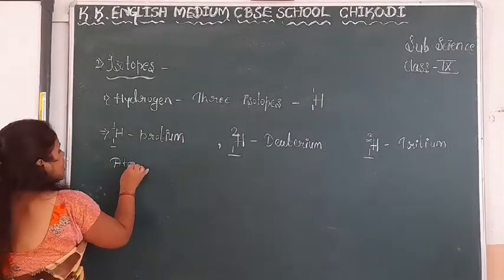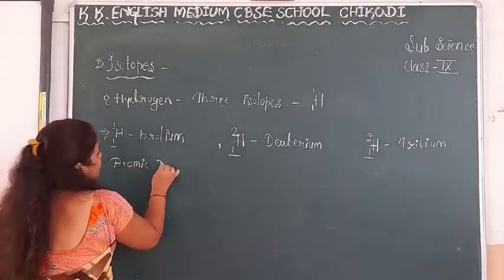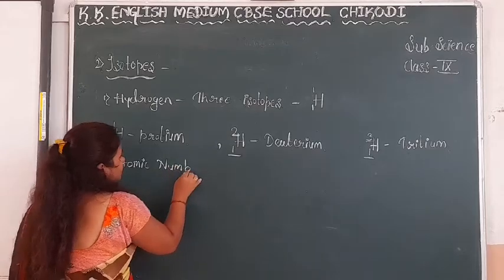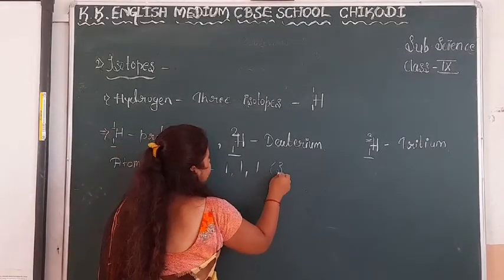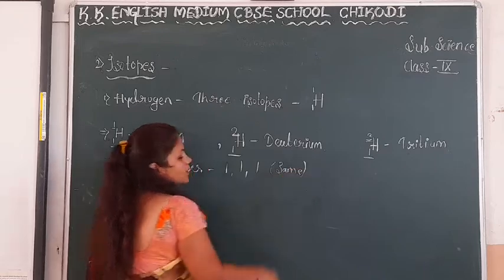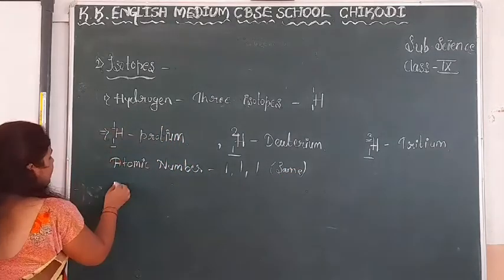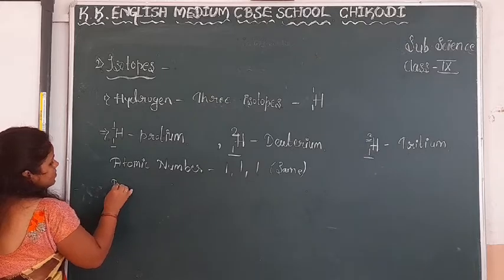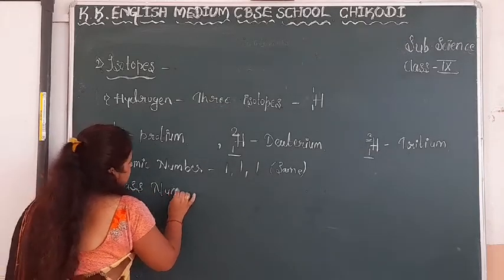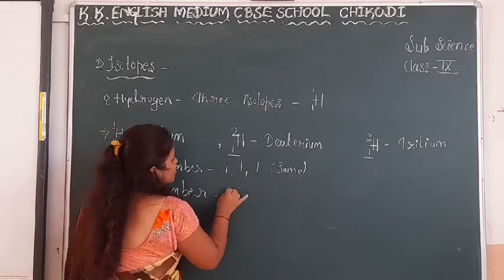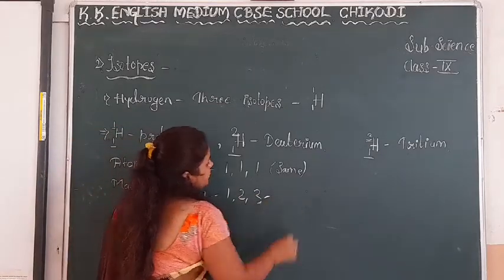Atomic numbers are 1, 1, 1. It is same. What about the mass number? The mass number is different. It is 1, 2, 3.